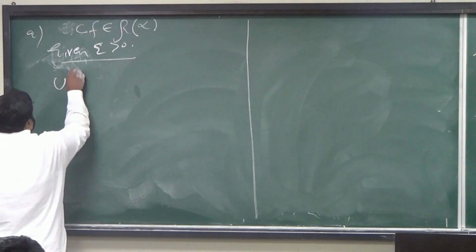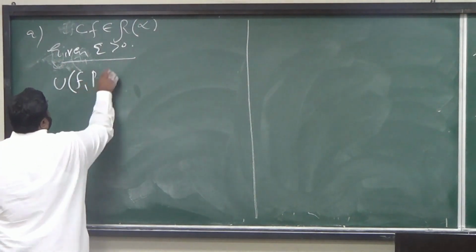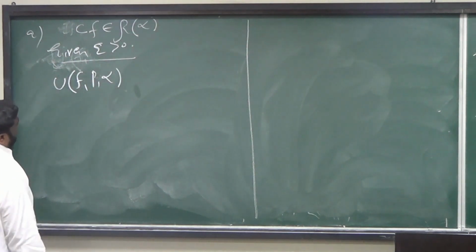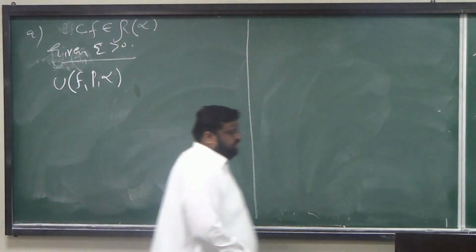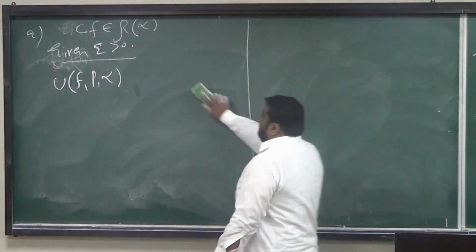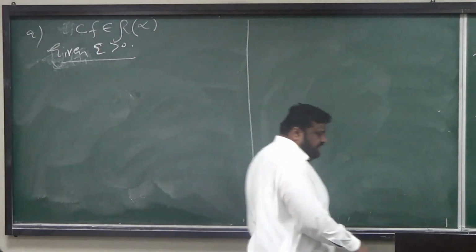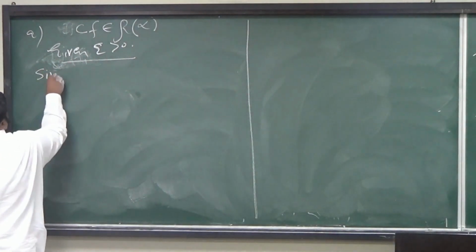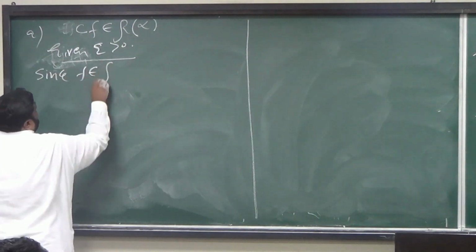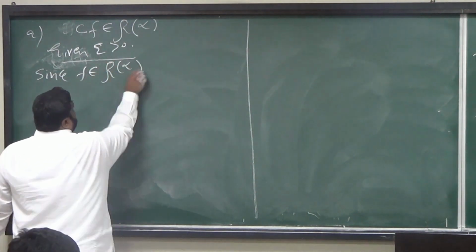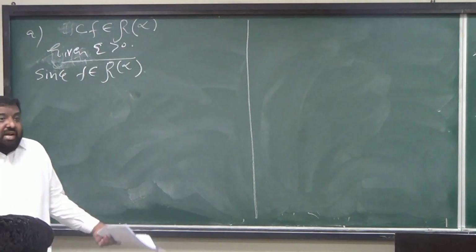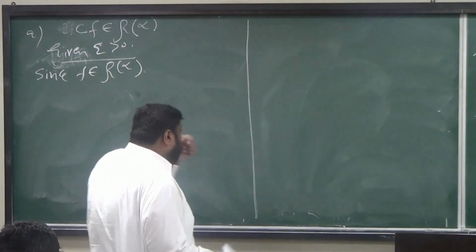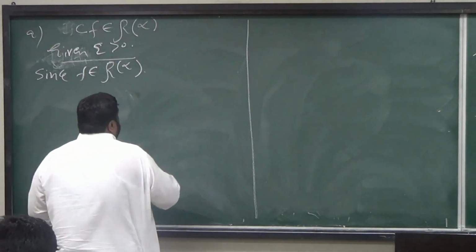So what would be U(f, P, alpha)? Think about it. Since f belongs to R of alpha, that was the underlying assumption, it must be Riemann integrable.